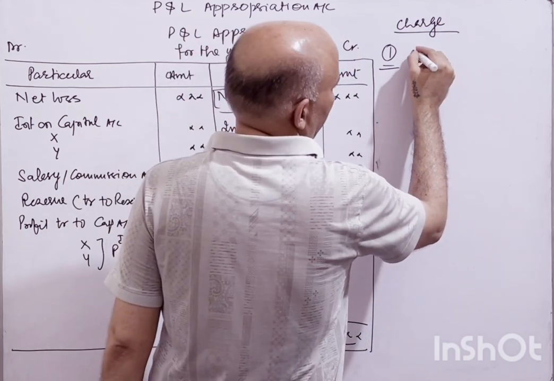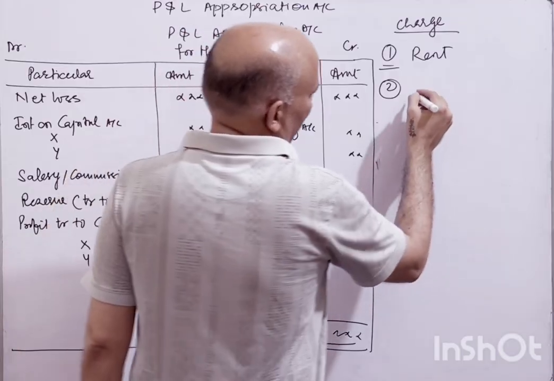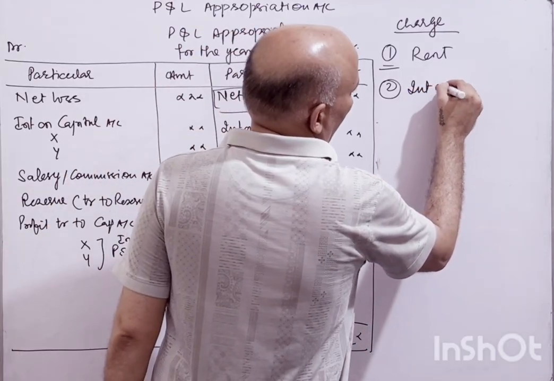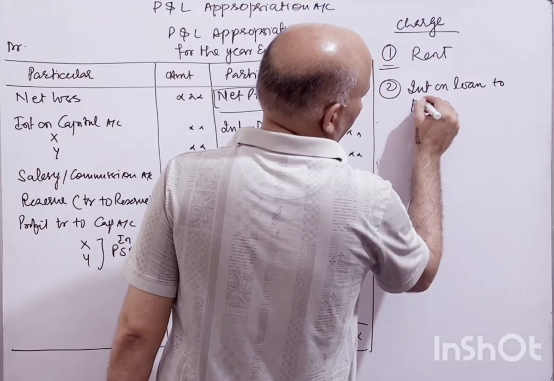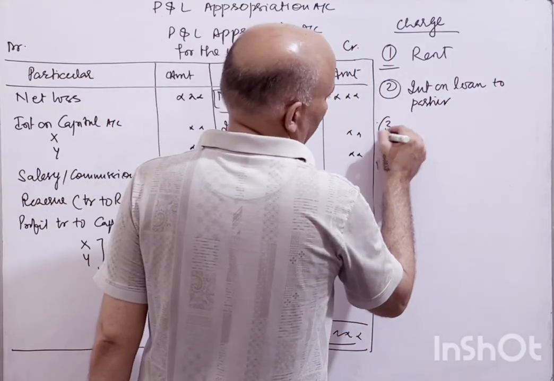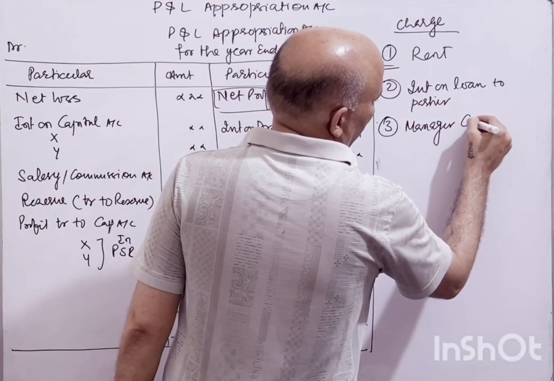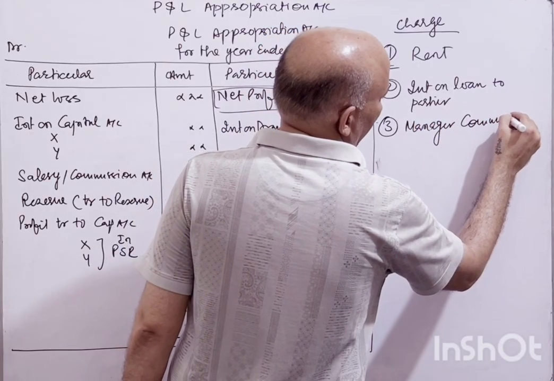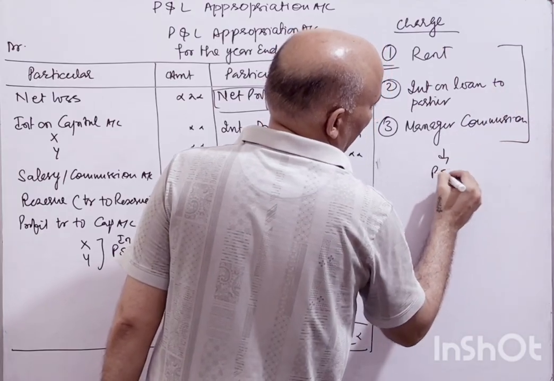The one thing is rent. Second thing is interest on loan to partner, if you have to give interest on loan to partner, and third is manager's commission, if you have to pay the manager's commission. These three will appear in profit and loss account.